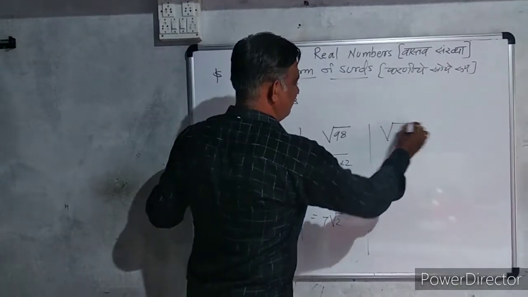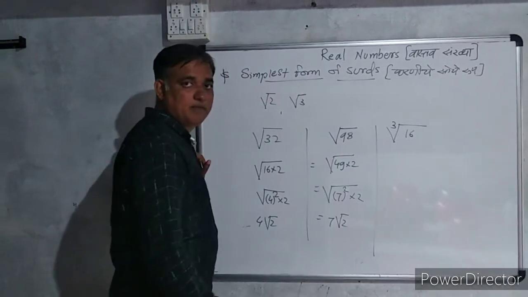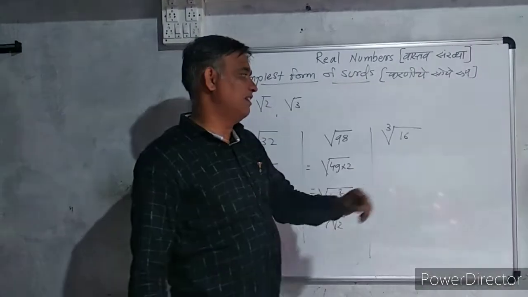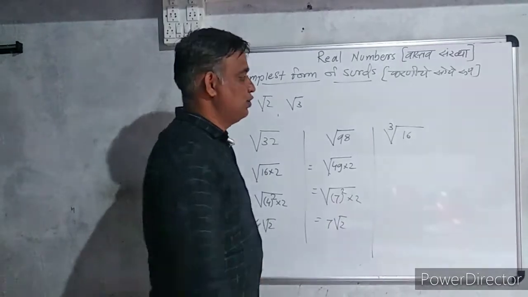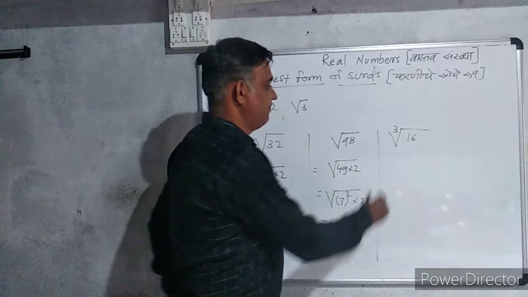Another example, 16 of order 3. Now here we have to factorize 16 as one factor is a cube of another number. 16 चे आपण असे अवयव करायचे की एक अवयव हा कोणाचा तरी घन असला पाहिजे.